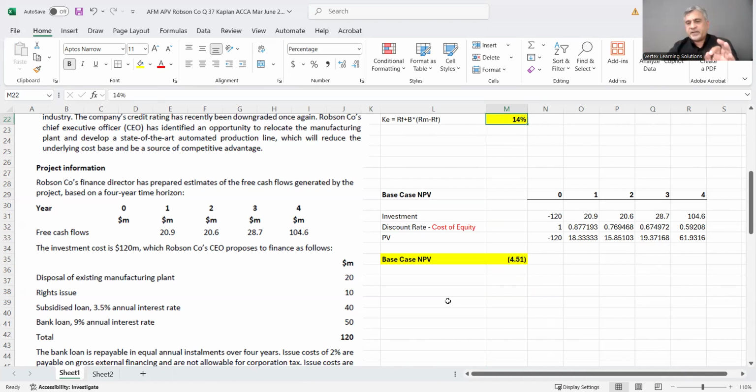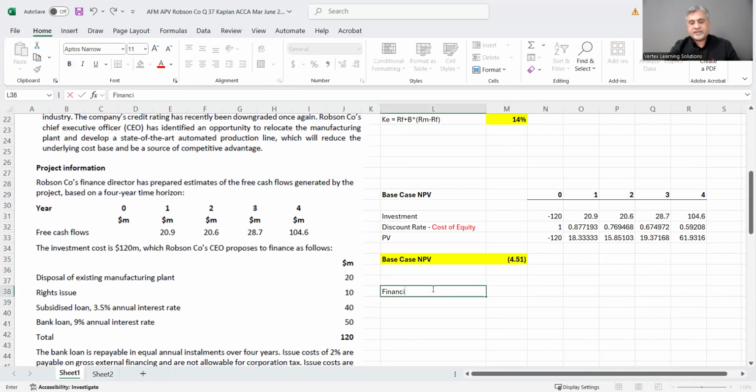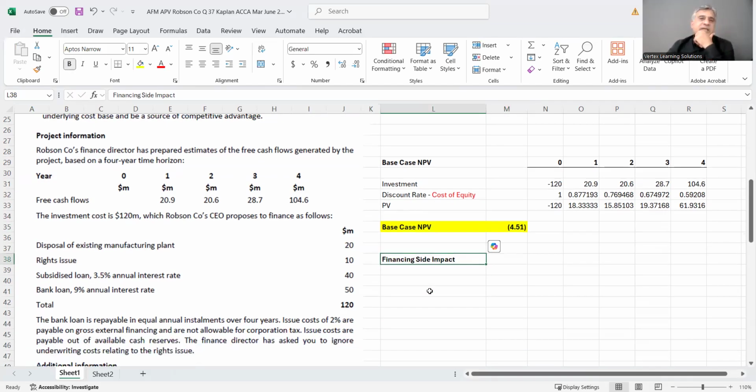But then you say, wait a minute, I have some financing options. Okay? Financing side impact. I'm going to get financing side impact. If I go for financing, what impact will it have? Or how much benefit will I get from that?